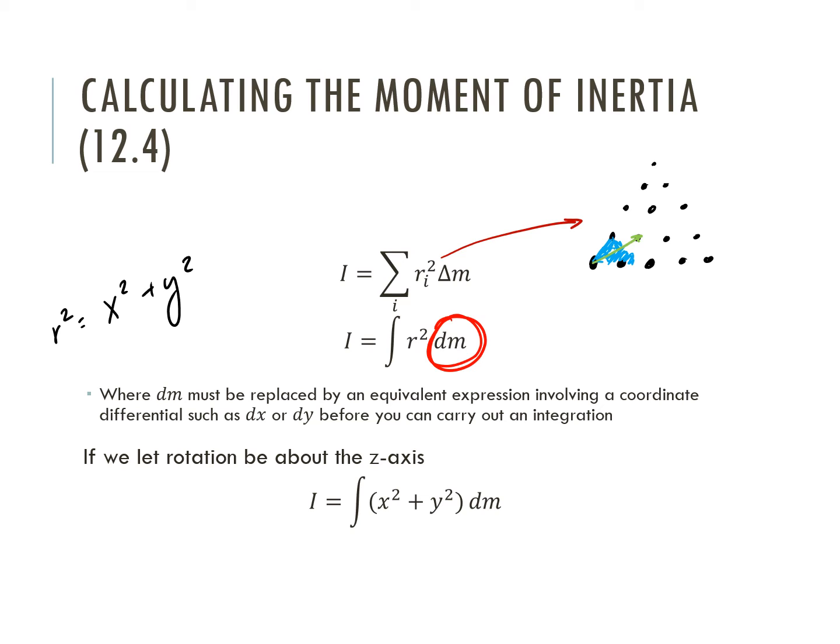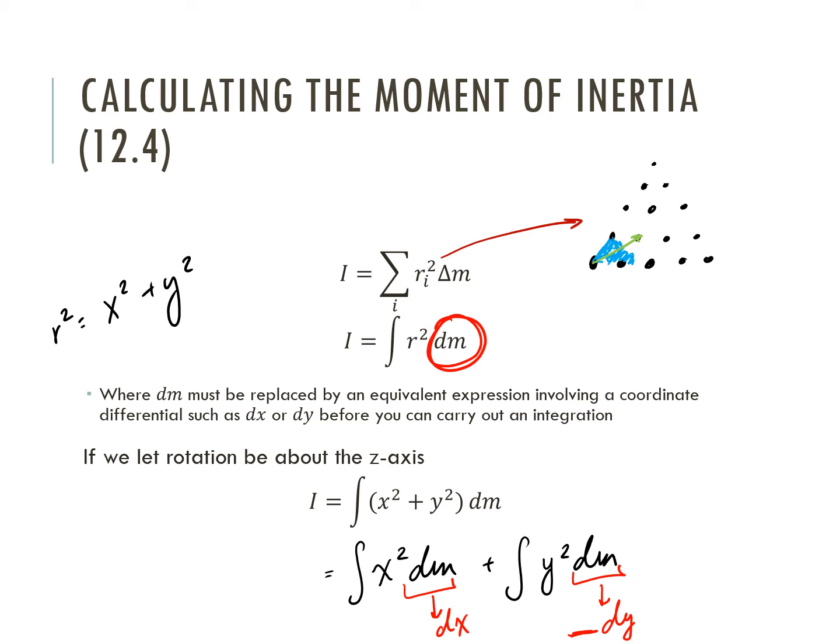So that would mean that if we were doing this, we really have the integral of x squared dm plus the integral of y squared dm. So we're going to have to replace dm in both of these cases with something that's in terms of that variable.